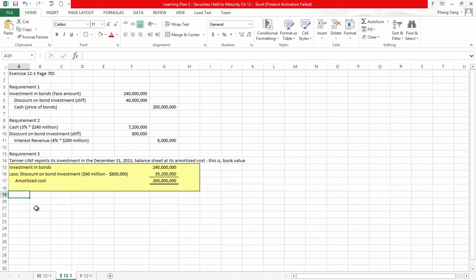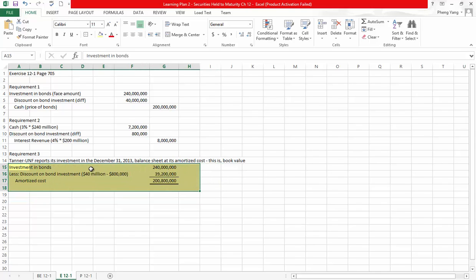So for this reason, if an investor has the positive intent and ability to hold the securities to maturity, investments in debt securities are classified as held to maturity and reported as amortized costs rather than fair value in the balance sheet. So this is exactly what we did here.